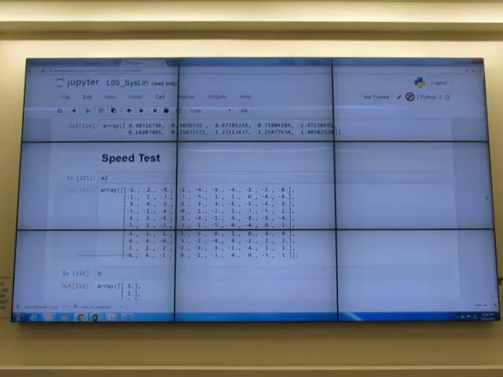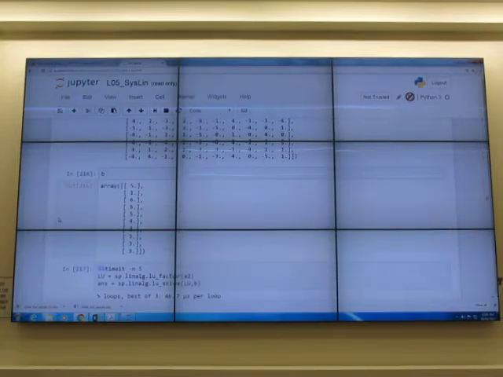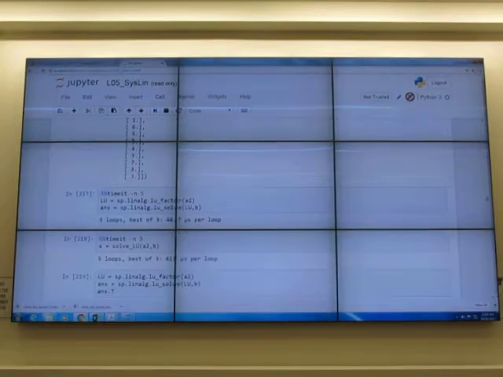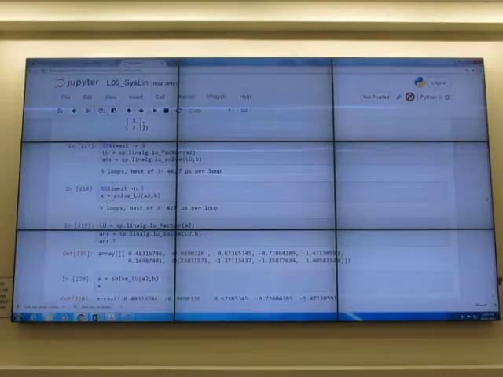Speed test. You can do this by yourself. I test the speed, okay? So first I do LU factor and then LU solve. It takes 47 microseconds. Solve LU, my method take 10 times slower. Okay, so use SciPy.